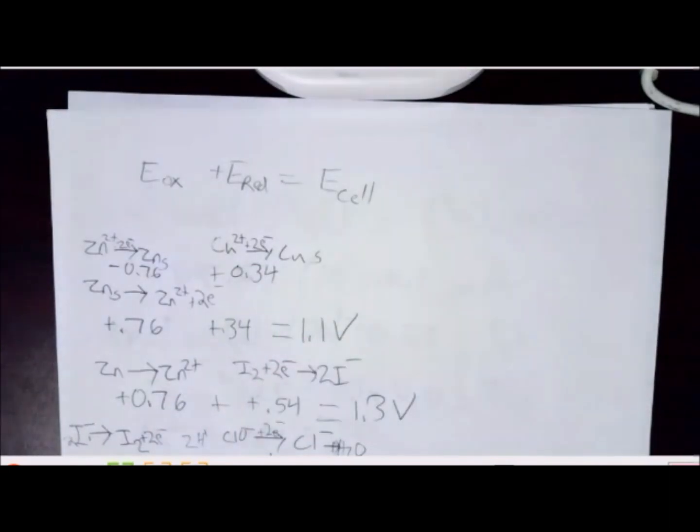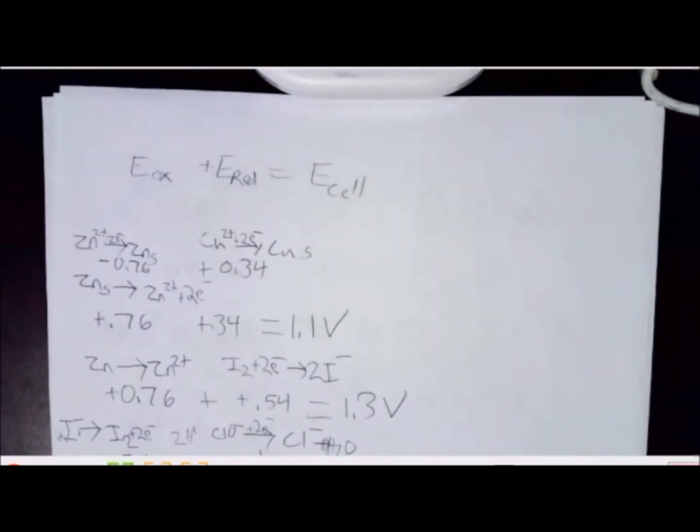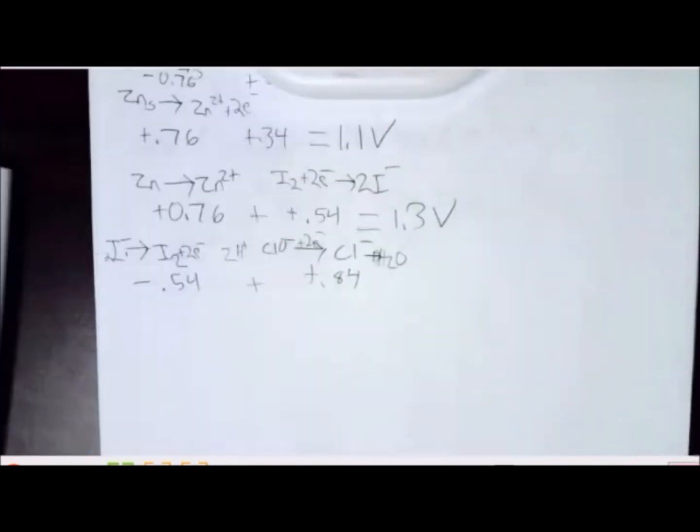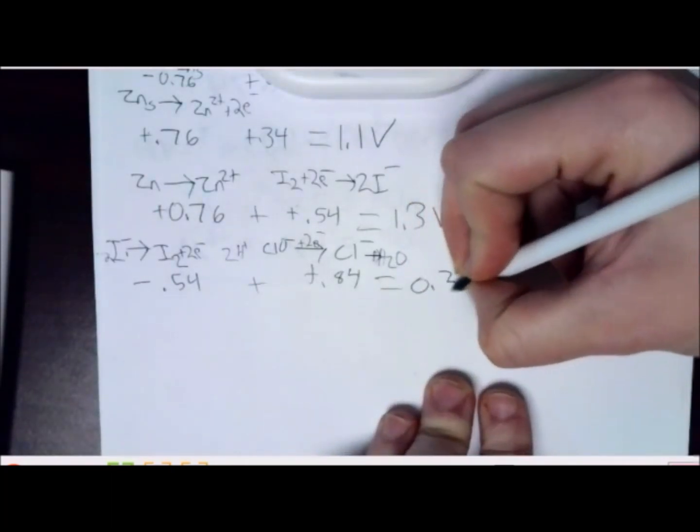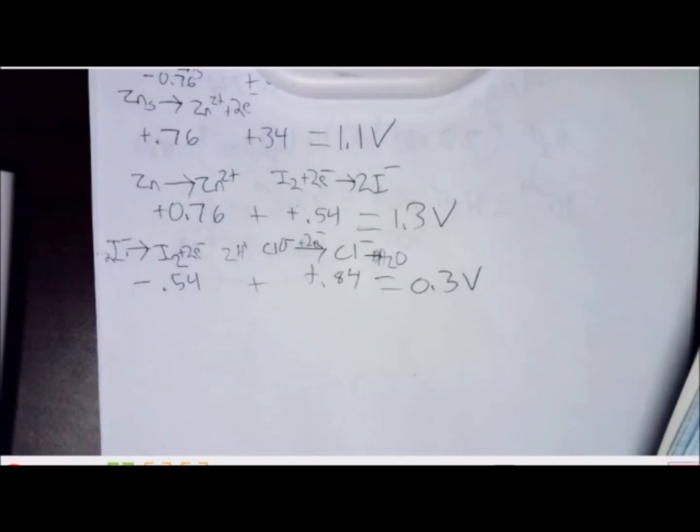So we add these two values together and we get 0.3 volts. So it's negative 0.54 because the iodine is occurring in the opposite direction.